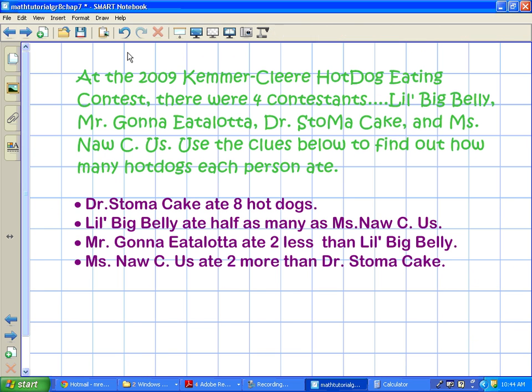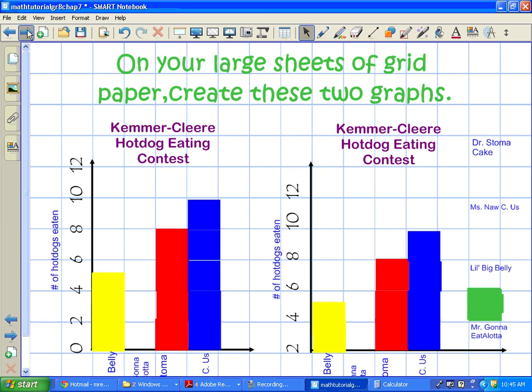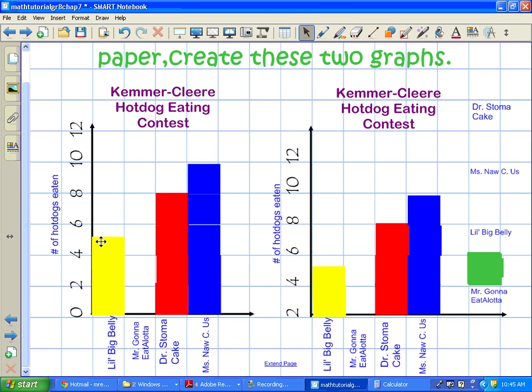And the last one to do, of course, is Mr. Gonna Eat a Lotta, who ate 2 less than Little Big Belly. So Little Big Belly ate 5, so he must have eaten 3. So there's 3 shown right there, because we already got 2. And going over here, 3 would be about right there.